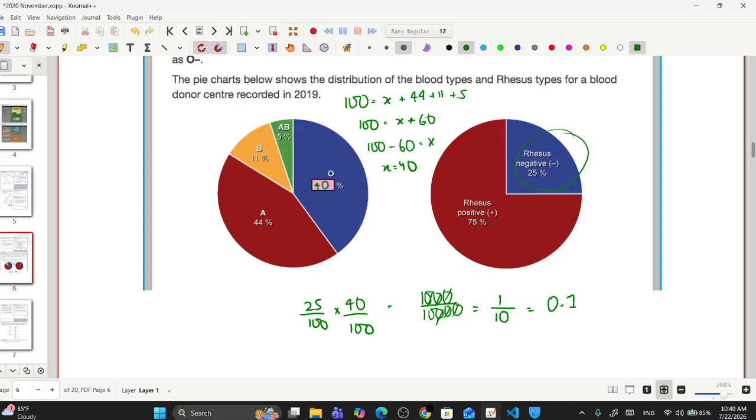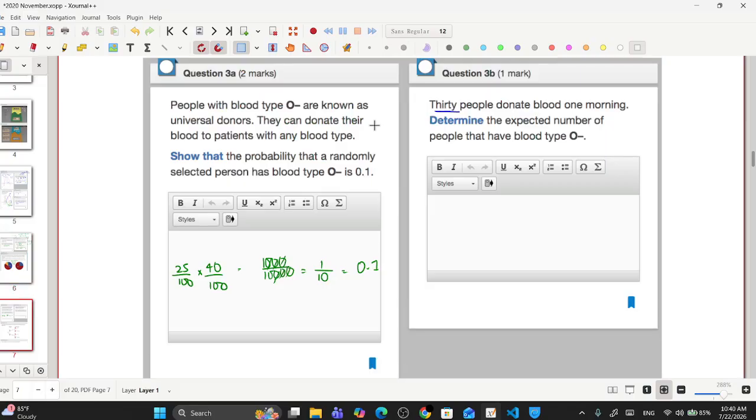30 people donate blood one morning. Determine the exact number of people that have blood type O minus. So the probability of having O minus is 0.1. 30 people have donated blood. So this becomes 30 multiplied by 0.1.